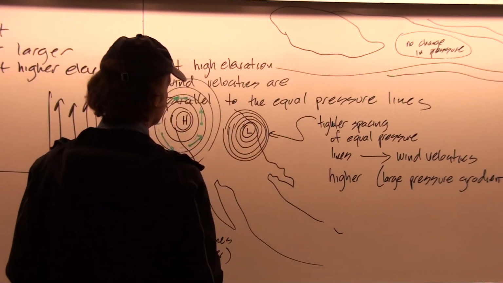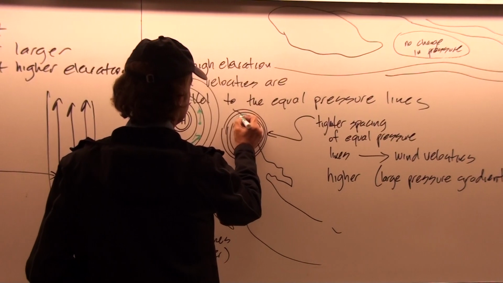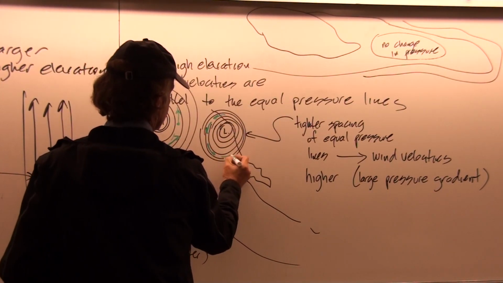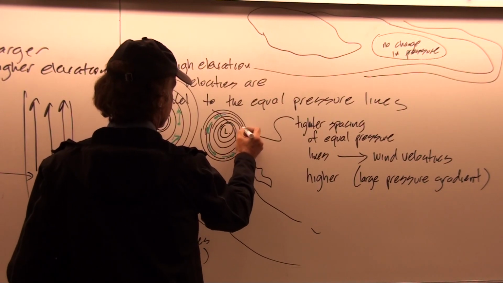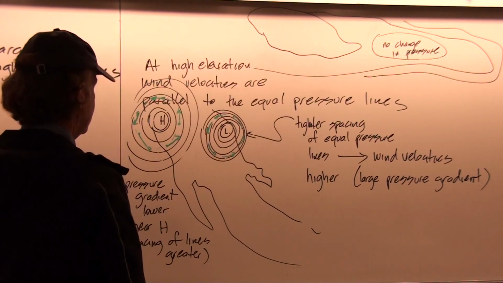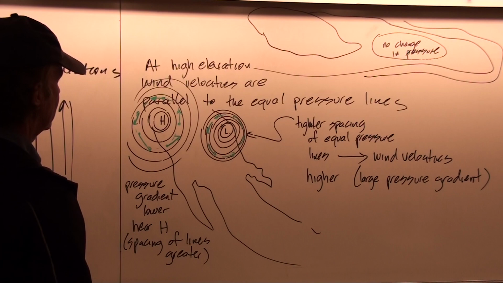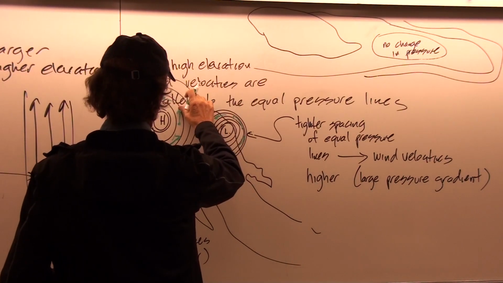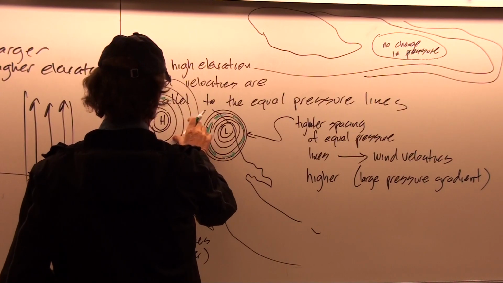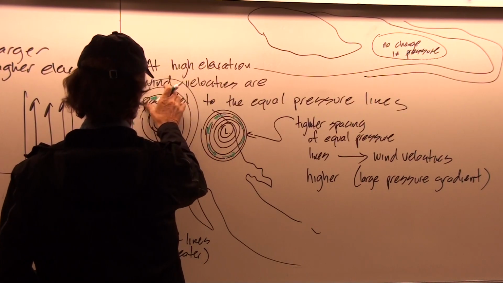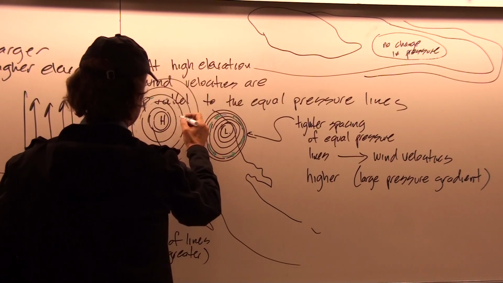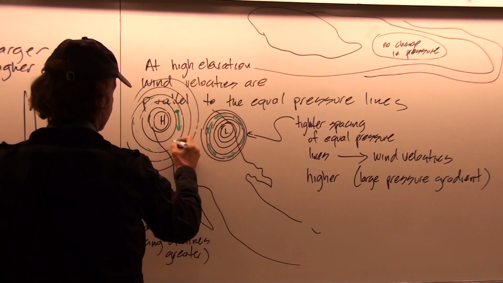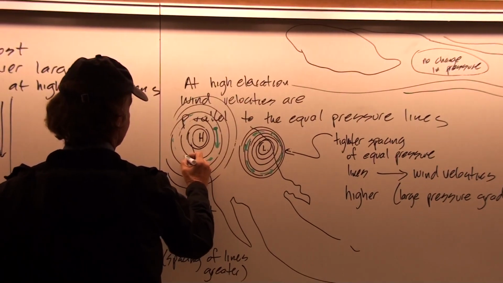And with a low pressure, you would want your lines to be parallel to the equal pressure lines, but circulating around in a direction. Here the high pressure we want to be going in a clockwise direction.